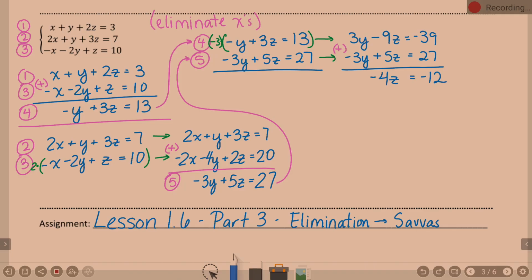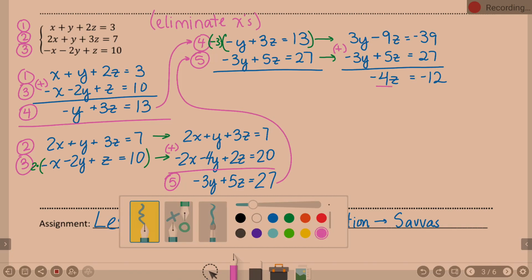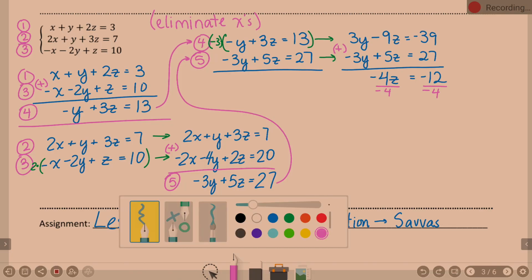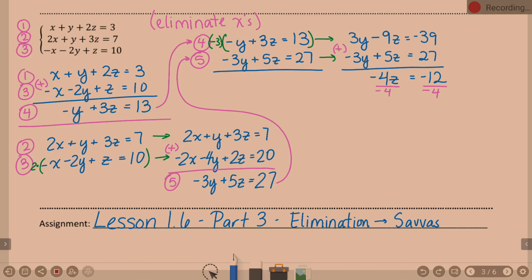And if negative 4z equals negative 12, then we're going to divide by negative 4. And z is positive 3. Negative 12 divided by negative 4 is a positive 3.